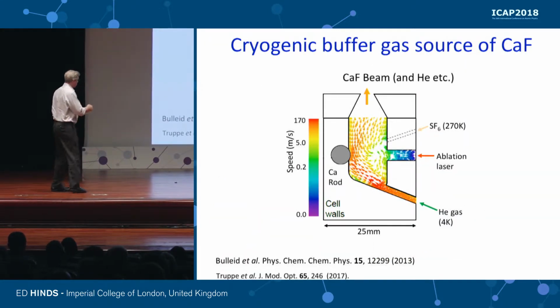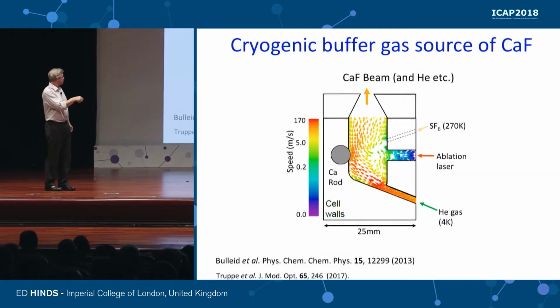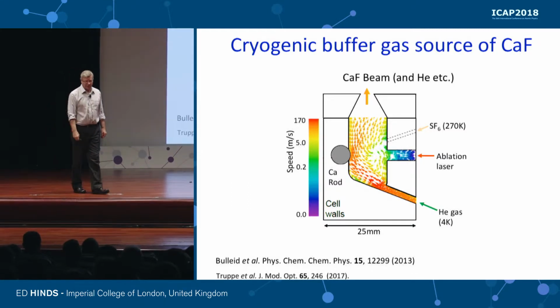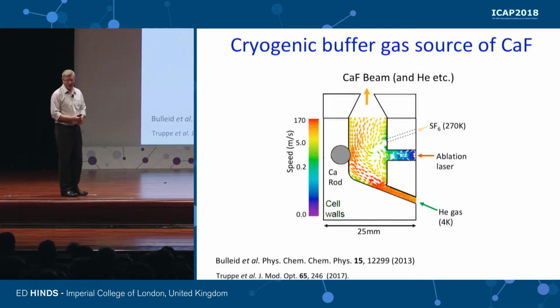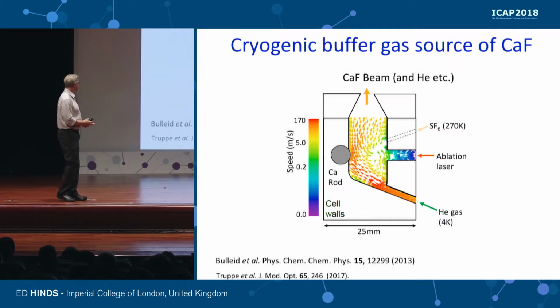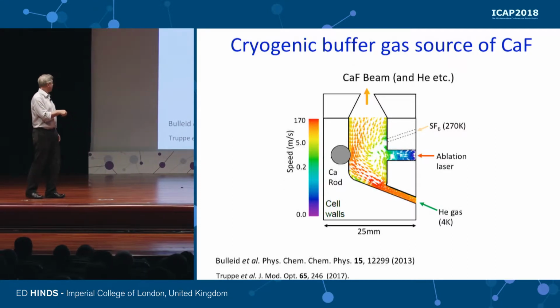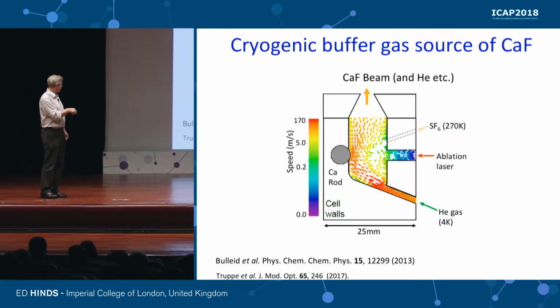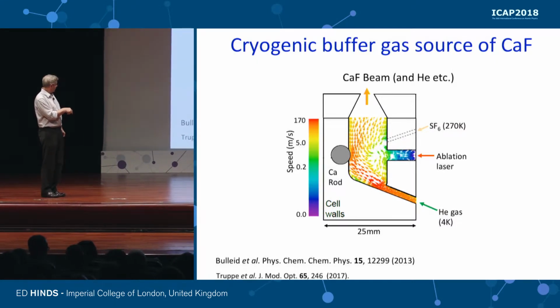So first of all, we use a cryogenic buffer gas source of calcium fluoride. This is the type of approach that was pioneered in John Doyle's group at Harvard. Our own particular design here is this mixing chamber into which we flow some 4 Kelvin helium gas. A laser comes through this window and hits a calcium target.